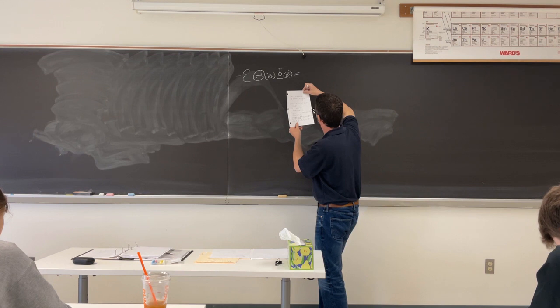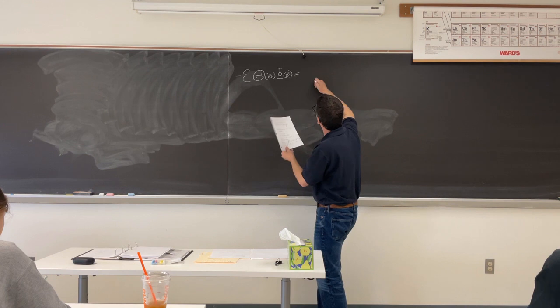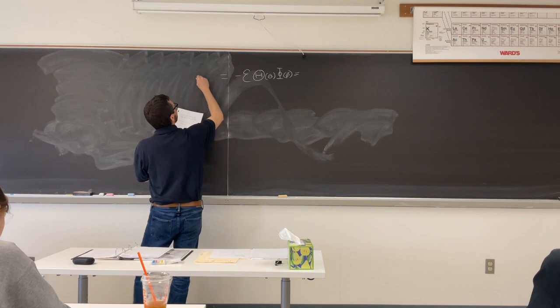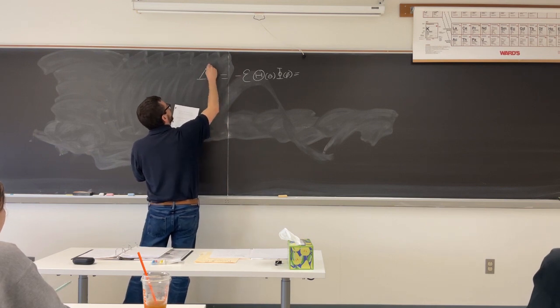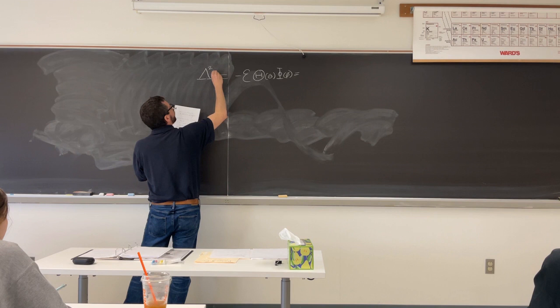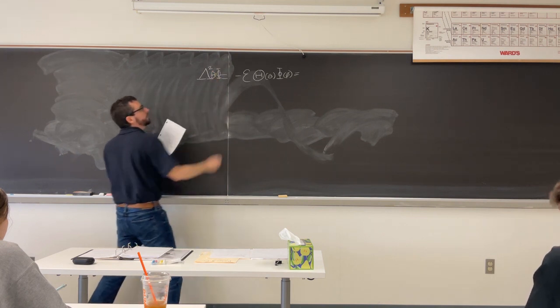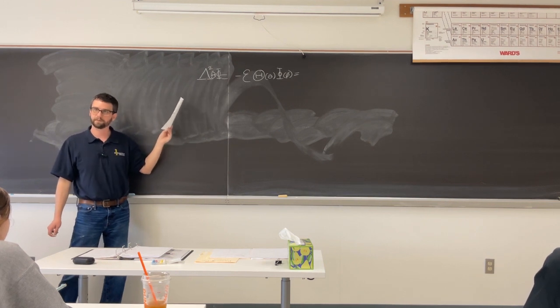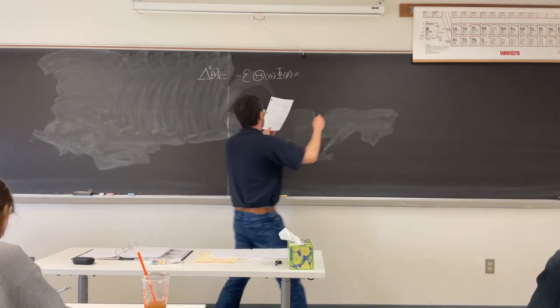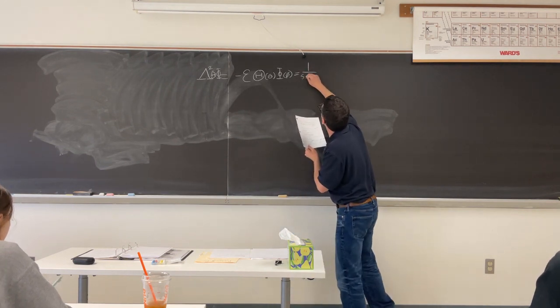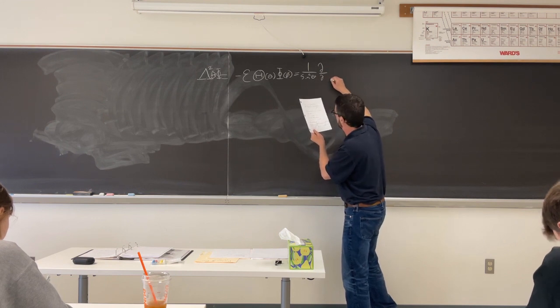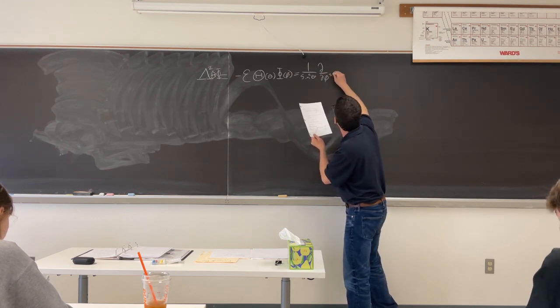I believe. Staring at it for a second. Yeah, let's just write all this down. I'm going to be lazy and leave off some of the dependent variables. Are you guys okay with that? Okay. We ended up with 1 over sine squared theta, integral, phi squared.